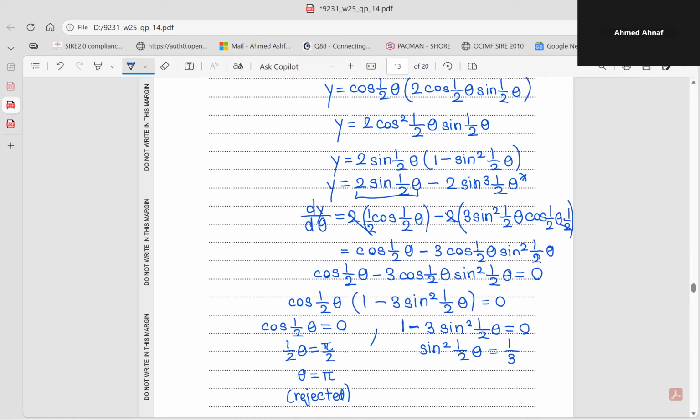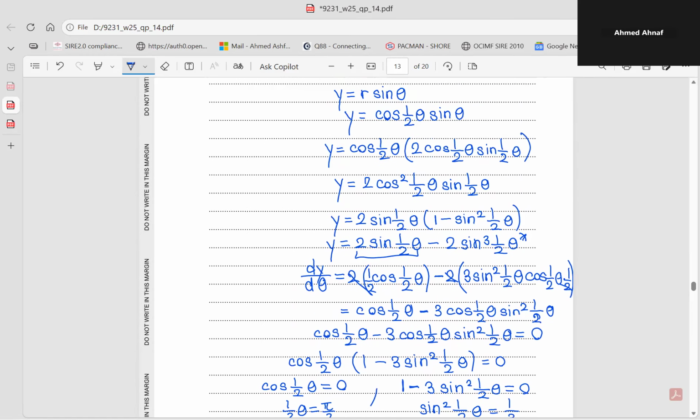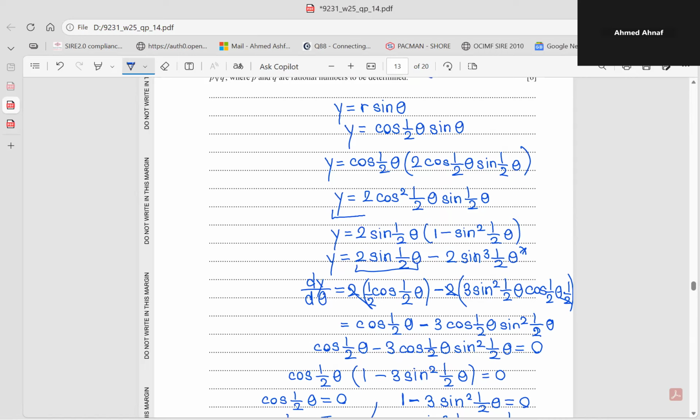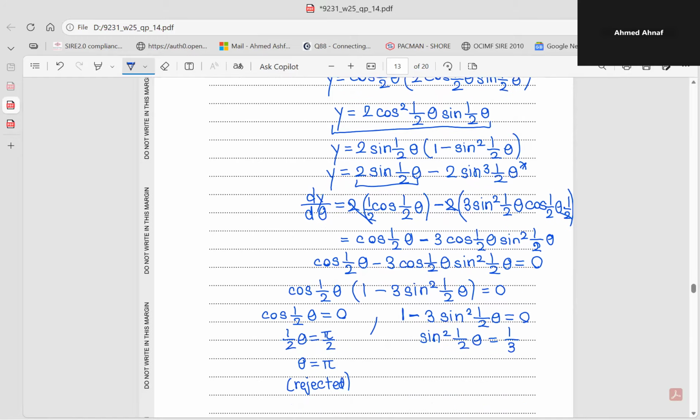We don't have to find what theta exactly is. In this version of the expression for y in terms of theta, you just have to know what cosine square half theta and sine half theta are.